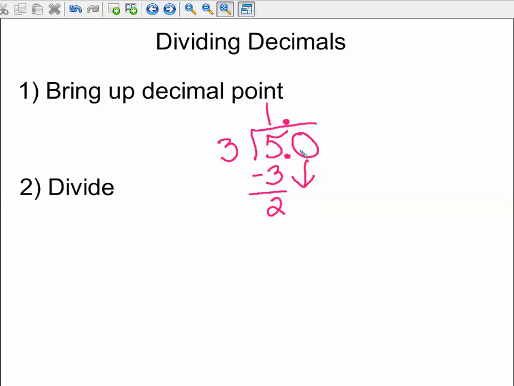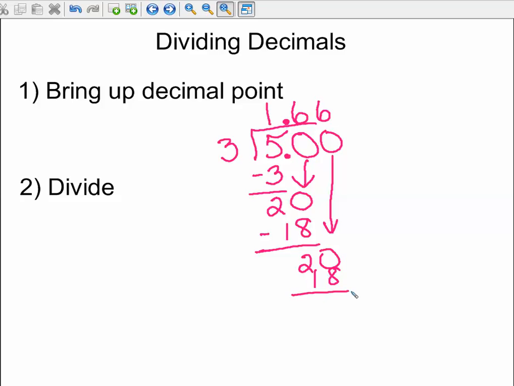3 goes into 20 6 times. 6 times 3 is 18. Subtract and we get 2. And because we have a remainder here, we can't have a remainder, so we have to add another 0 and bring it down. 3 goes into 20 6 times. 6 times 3 is 18.